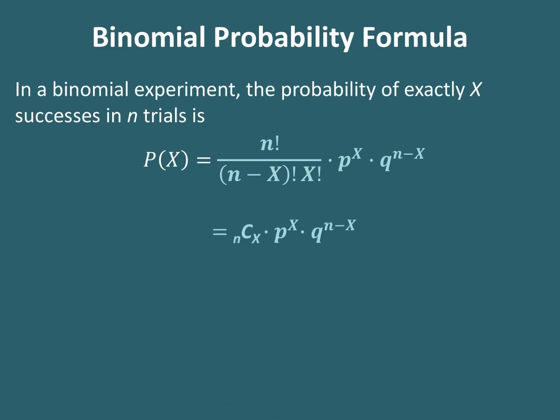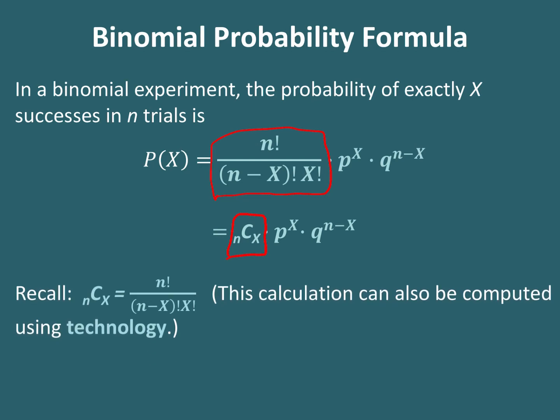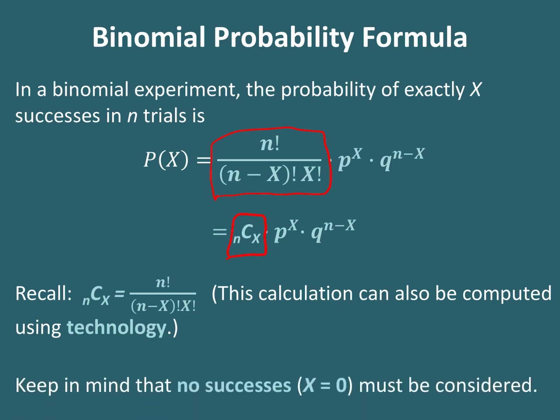Recall, this first factor is simply just the formula for combinations. This calculation can also be computed using technology. Keep in mind that no successes, x equals 0, must also be considered.